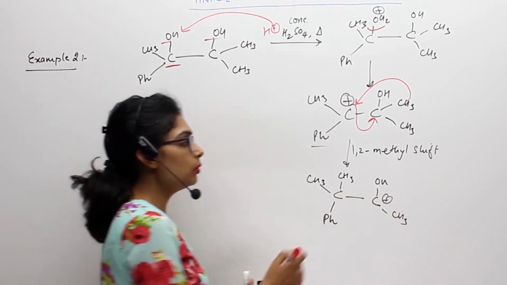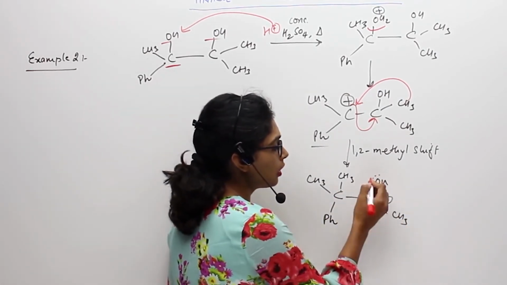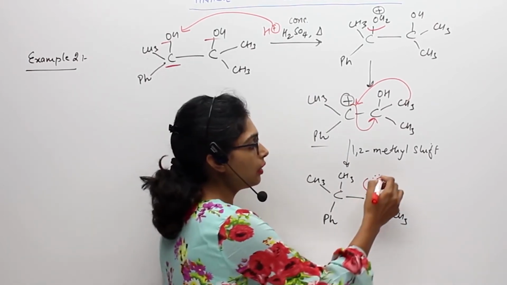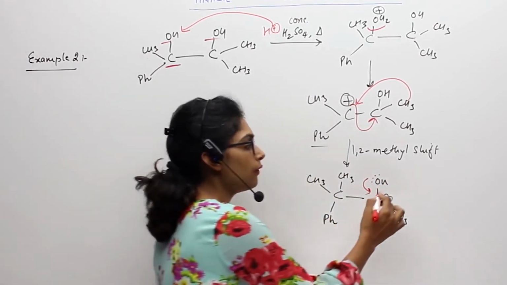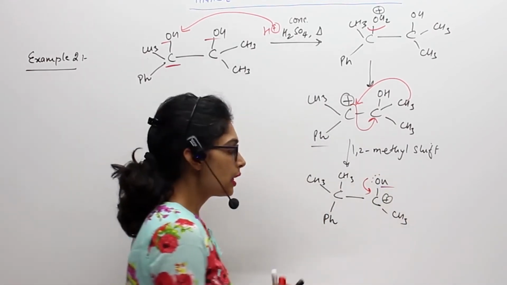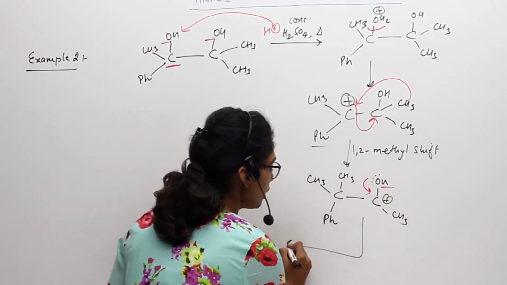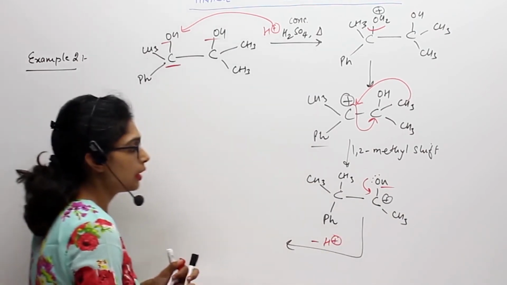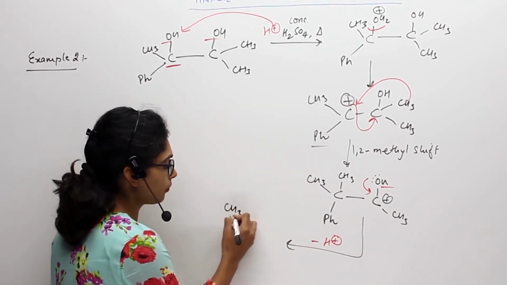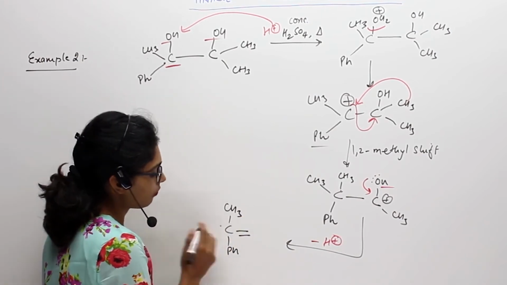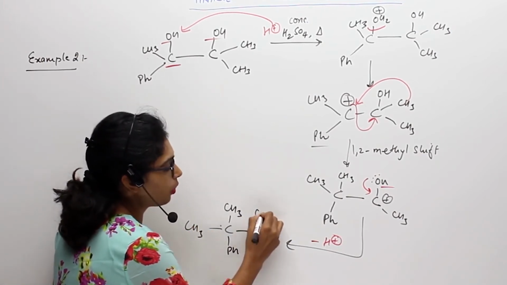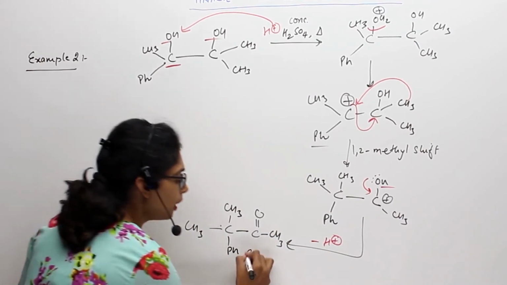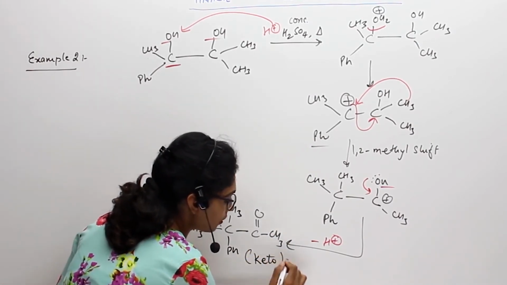Now this oxygen will try to form a bond over here with the carbon, and due to its mesomeric effect, it will lose this hydrogen as H plus, and hence eventually, minus H plus, we will get a ketone: C double bond O, CH3. So this will be the ketone formed after rearrangement.